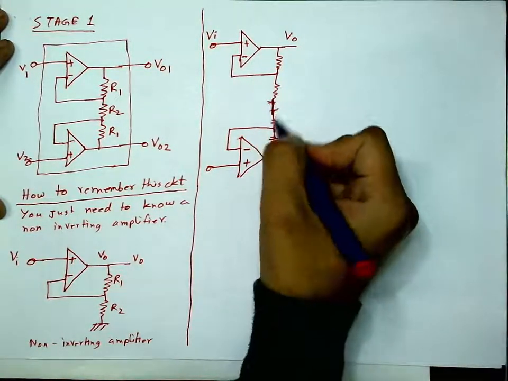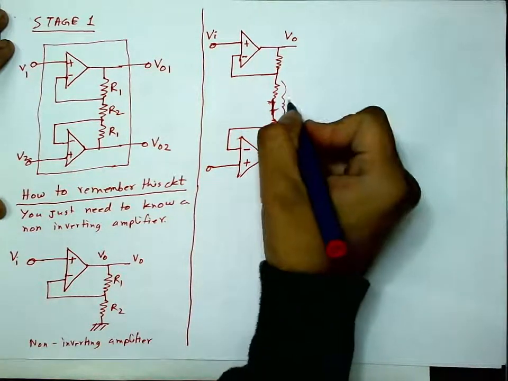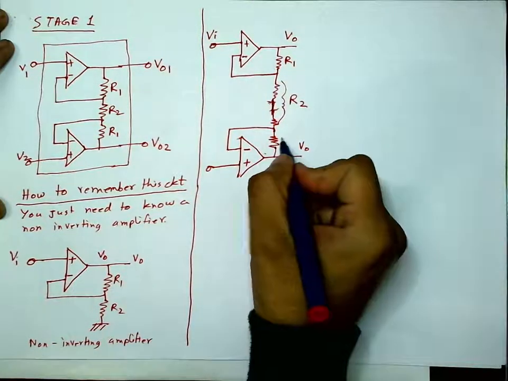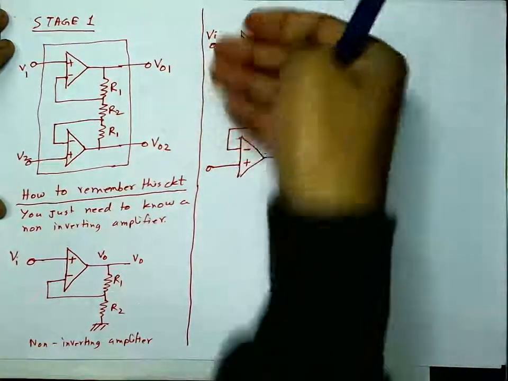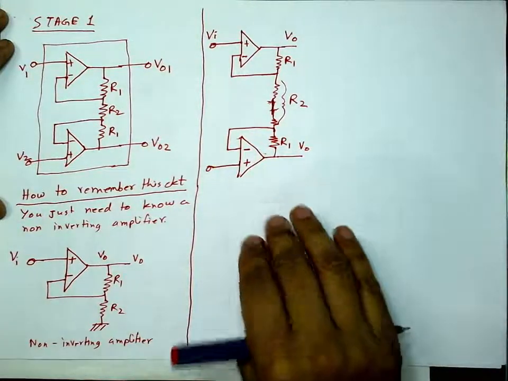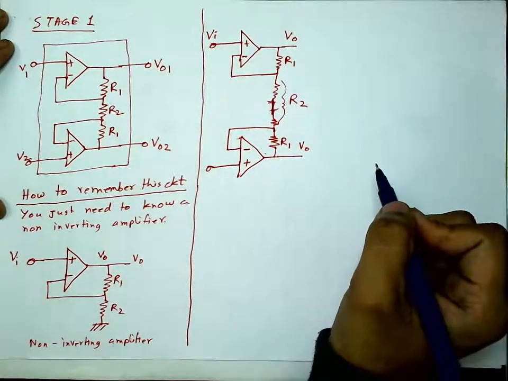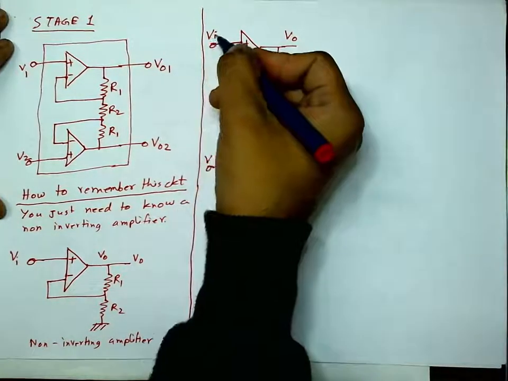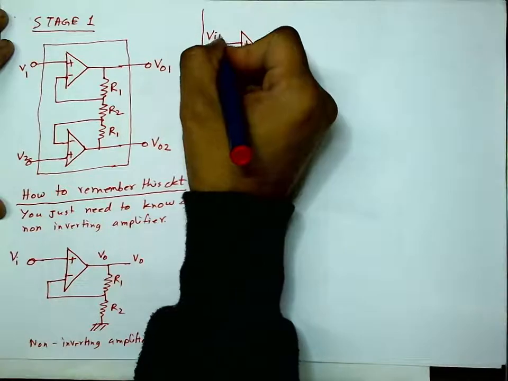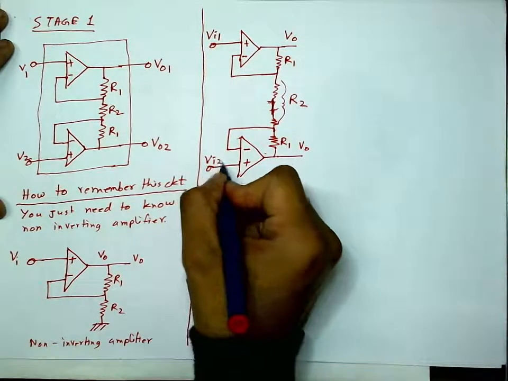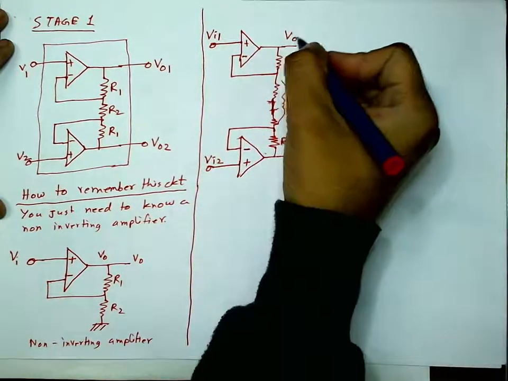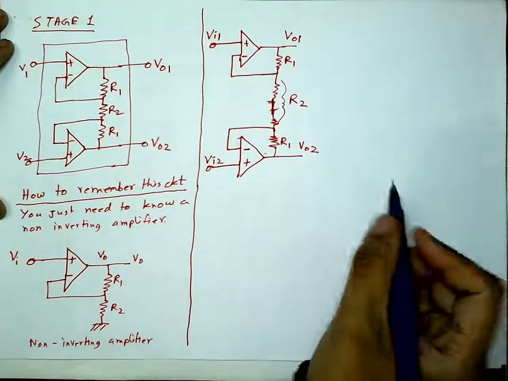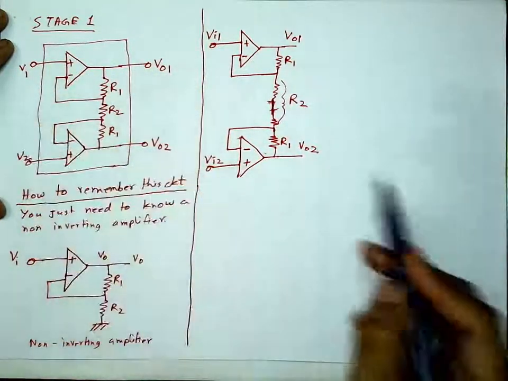So these two together is now one resistance. I can call it R2. Now you take identical copies, because these two you have to take identical. So if this is R1, this also has to be R1. Now this is another input. If you call this VI1, you call this VI2, input 1, input 2, then you can call these output 1, output 2. So this circuit is just this circuit.